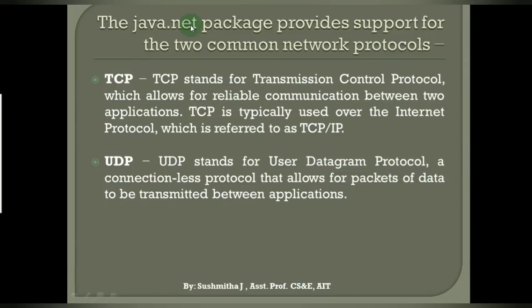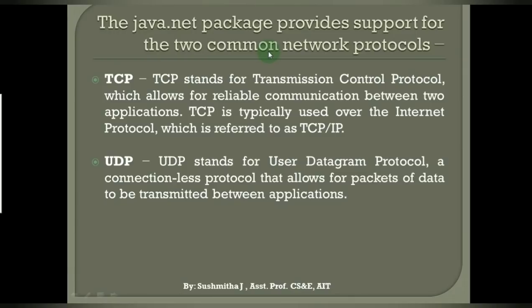One is the connection oriented protocol and the other one is the connectionless protocol. The connection oriented protocol is TCP, which stands for Transmission Control Protocol. It is a reliable communication where the transmission is guaranteed.